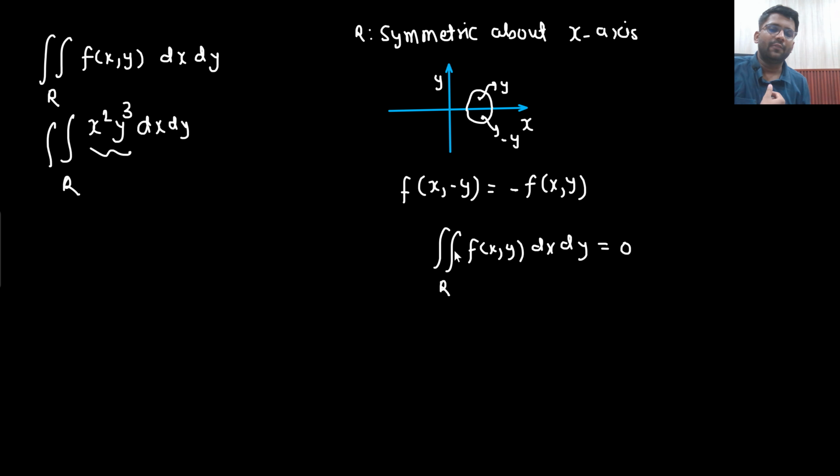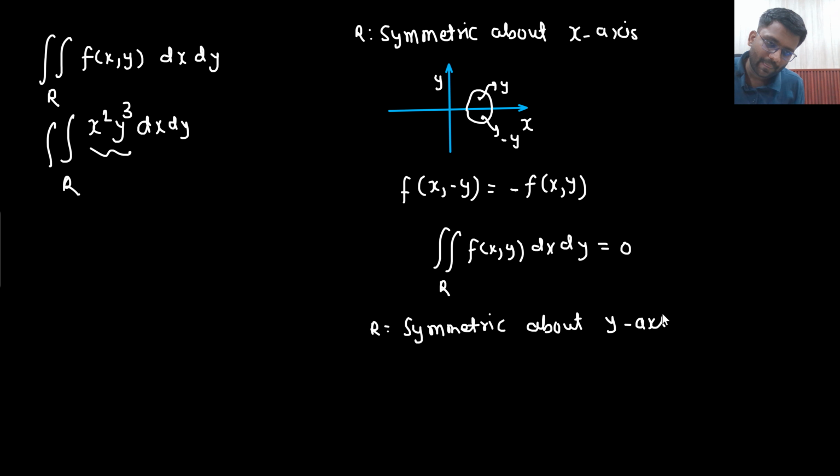Similarly, if your region R is symmetric about y-axis, how will it look like? This is your y-axis, this is your x-axis. Let's just say it is somewhat like this, symmetric about y-axis.